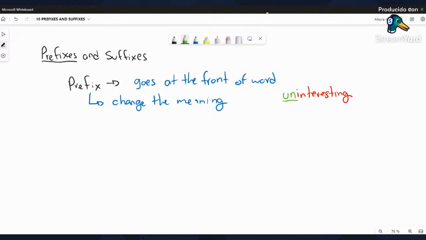From being interesting, now it's not interesting. When I'm using un, I'm saying that this is not interesting at all. So that's basically what the prefix is doing here.